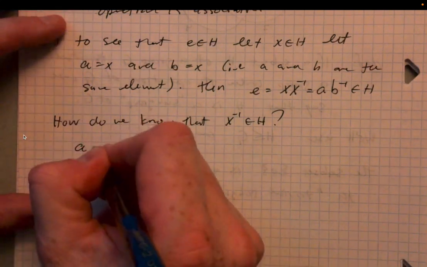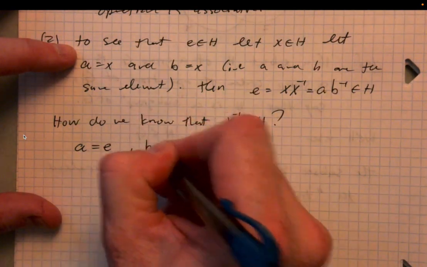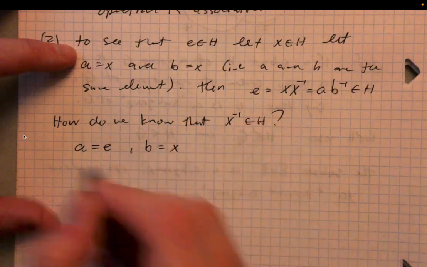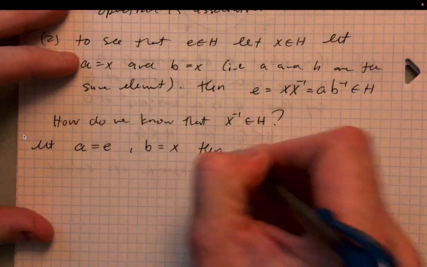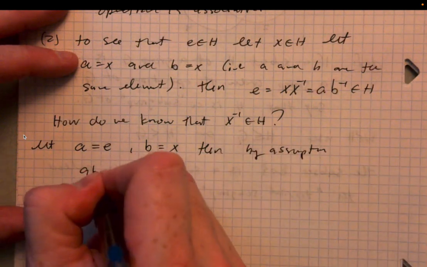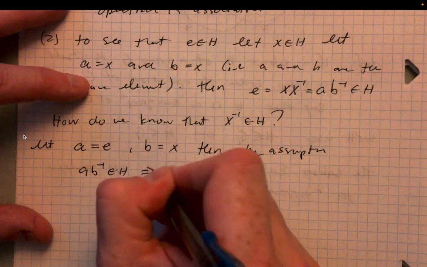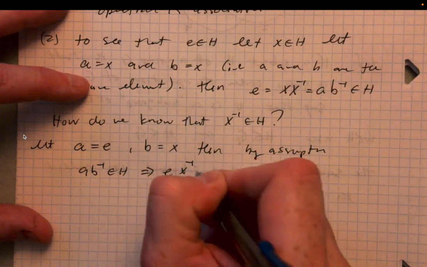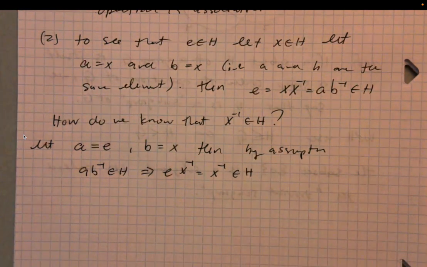Let A equal the identity, which we know is in H, and B equal X, which we've assumed is in H. Then by assumption, A B inverse is in H, and that implies that E times X inverse, which is obviously just X inverse, is in H. So you get that one for free by assumption.